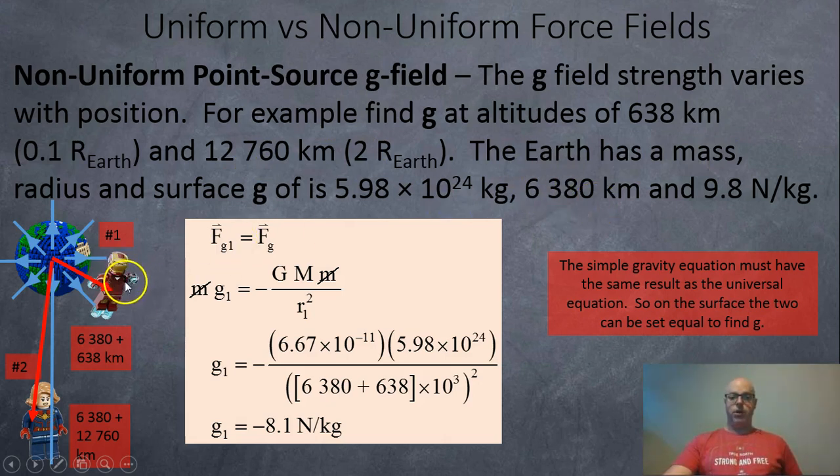So number one, this person here is only at an altitude of 638 kilometers, still higher than the space station, which is around 408. What's the g value there?